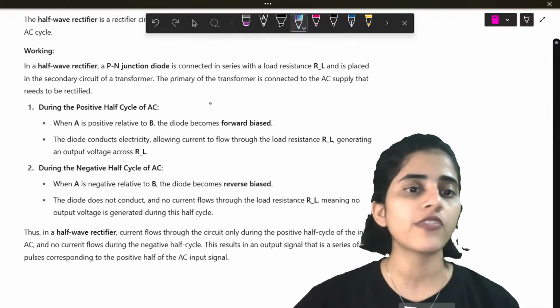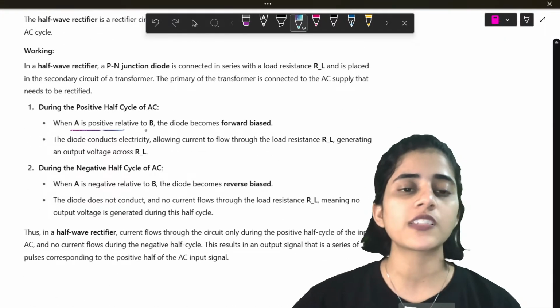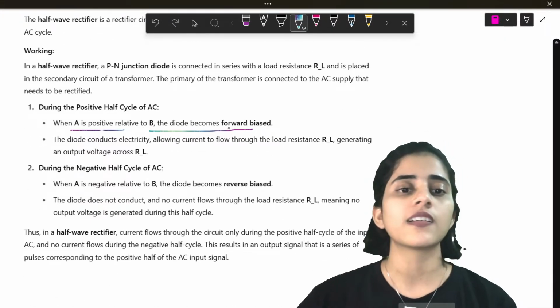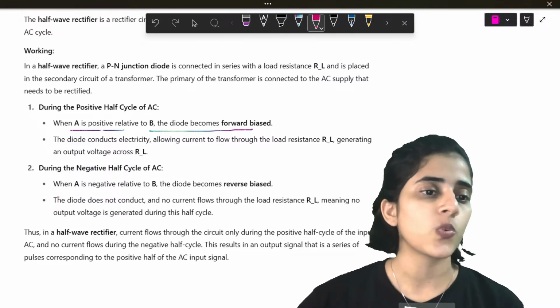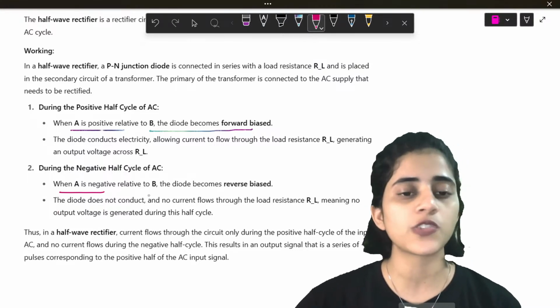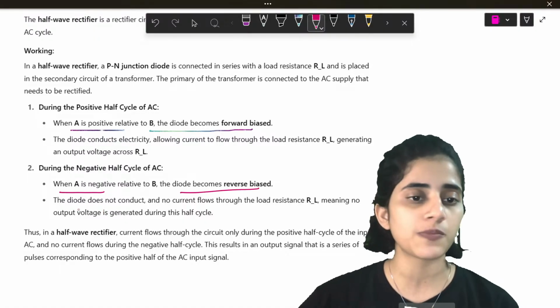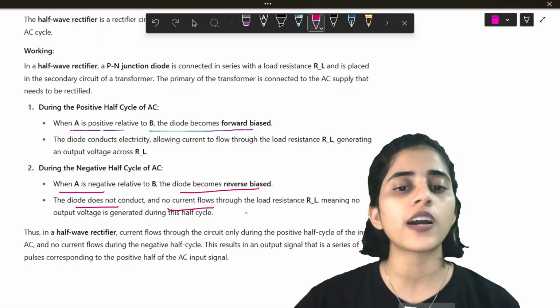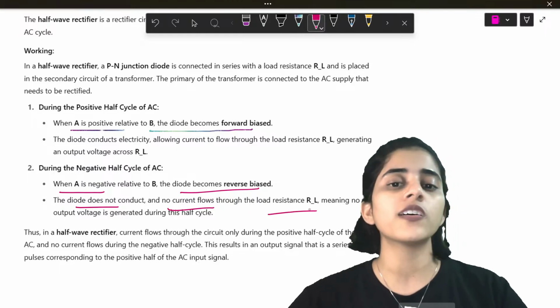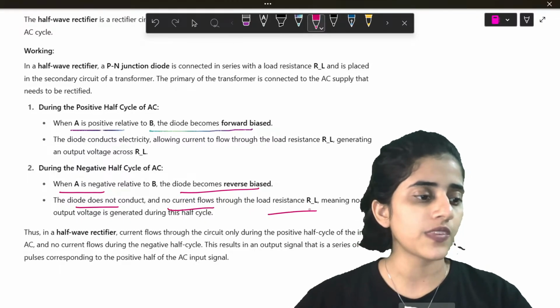So for half wave, when A becomes positive, the diode becomes forward biased and then it conducts. When A is negative relative to B, the diode becomes reverse biased. So the diode does not conduct and no current flows through the load resistance.